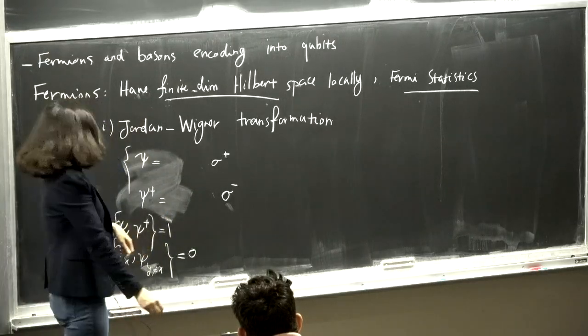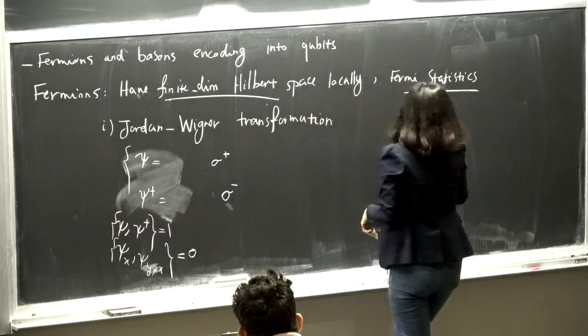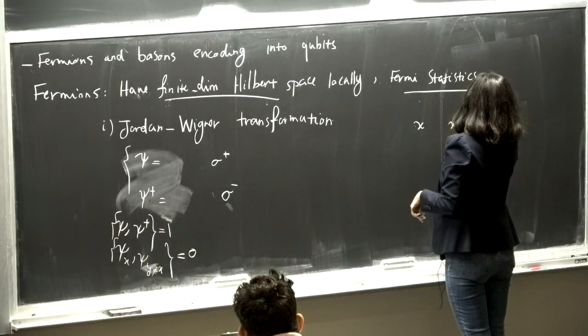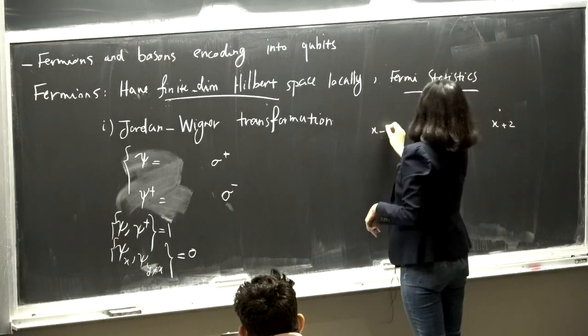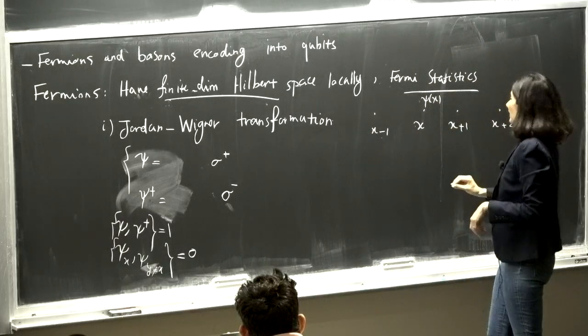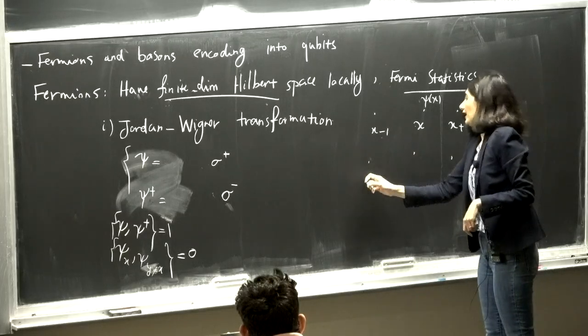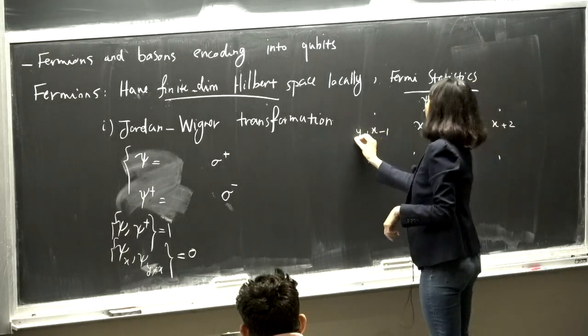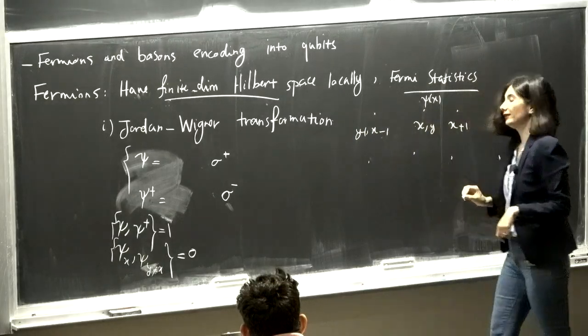All right. So let's say that I have sites x, x plus 1, x plus 2, x minus 1, and I have a single fermion at site x, and so on. And this may actually be a two-dimensional lattice too. So then I have also another index y minus 1, xy, and so on.